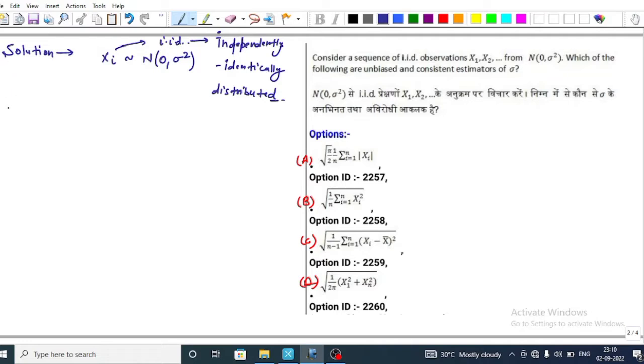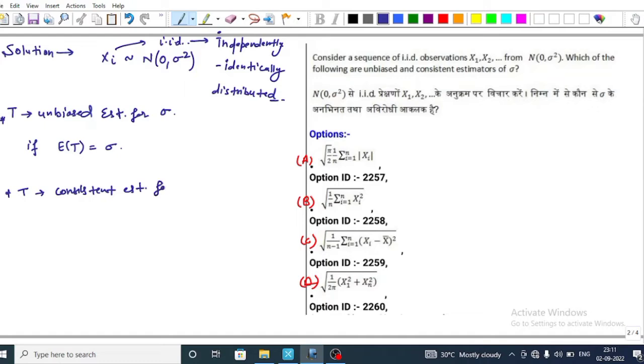Now firstly, there are two terms coined, unbiased estimator and consistent estimator. An estimator T is said to be unbiased estimator for sigma if expectation of T equals sigma, and secondly, T is said to be consistent estimator for sigma if expectation of T tends to sigma and variance of T tends to 0 as n tends to infinity.